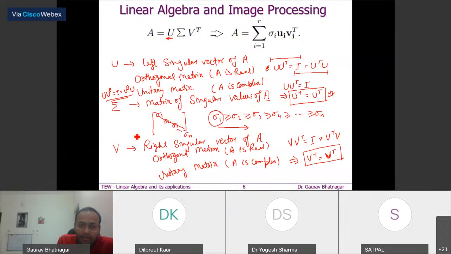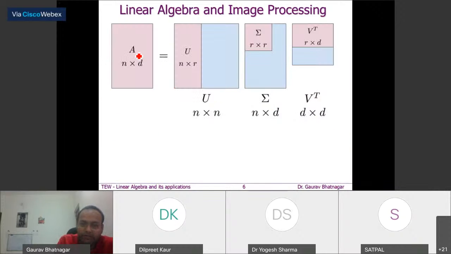Now let us try to understand what will happen with the sizes of these matrices when A is going to be a square matrix or a rectangular matrix. Let me pictorially represent the singular value decomposition.